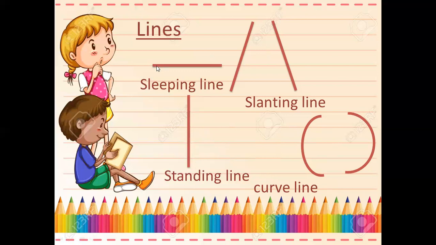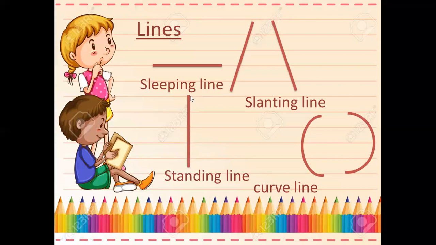Watch it once more. What is this line called? It is called sleeping line. Now look here. What is this line called? It is called slanting line. Now, what is this line called?